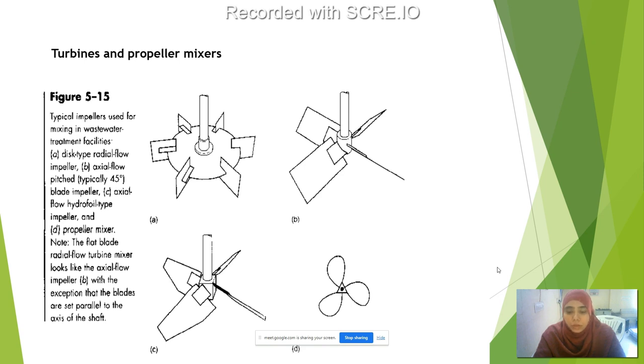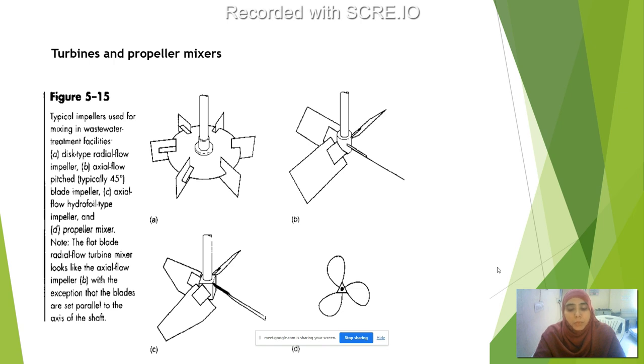Coming to axial flow impellers, the blades make an angle of less than 90 degrees with the drive shaft, and these are classified as varying pitch constant angle of attack and constant pitch varying angle of attack. The propeller and hydrofoil are typical examples of axial flow impellers.